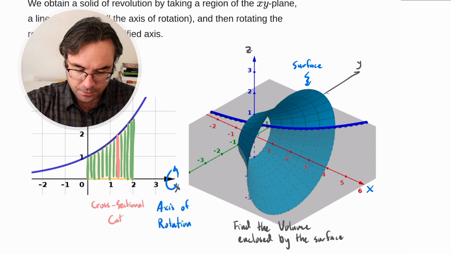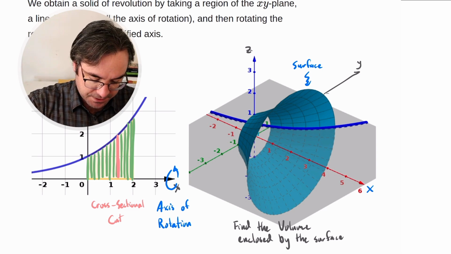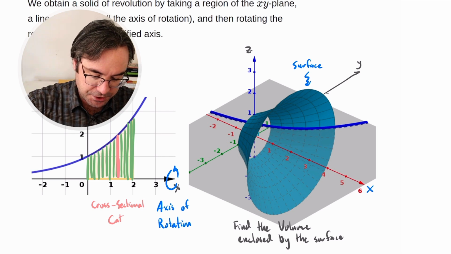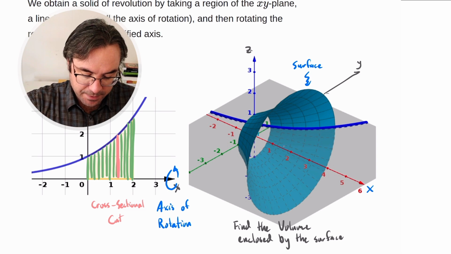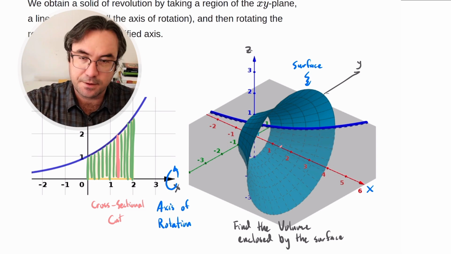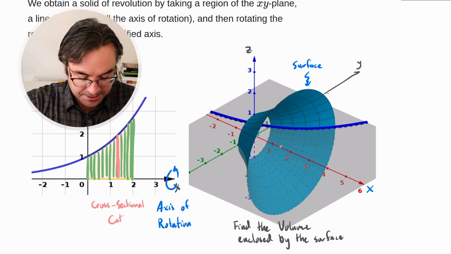I picked it in between 1 and 2. So let's again pick it in between 1 and 2, maybe right here. So we draw our little cross-sectional cut.